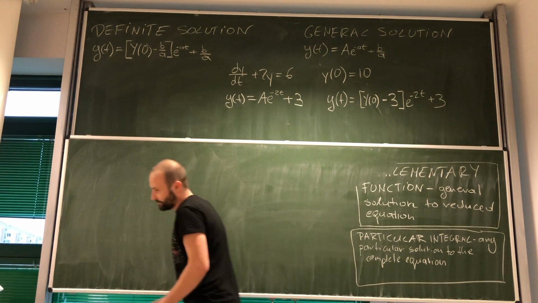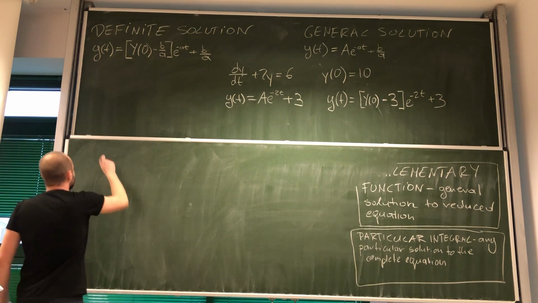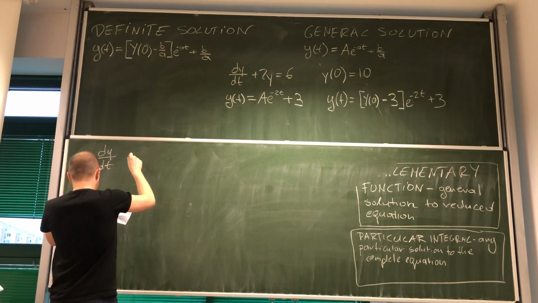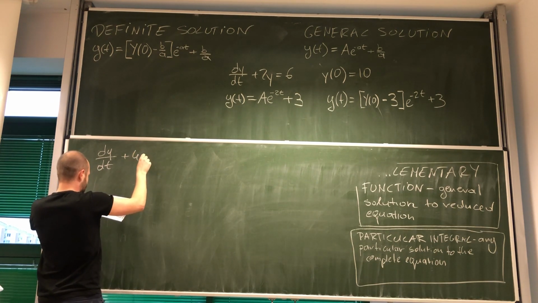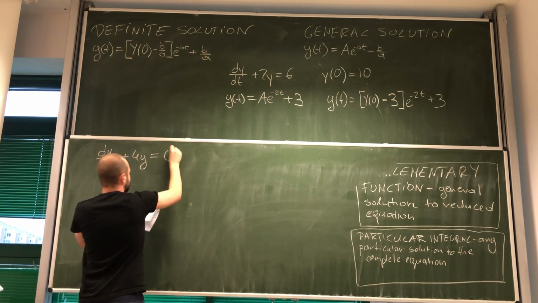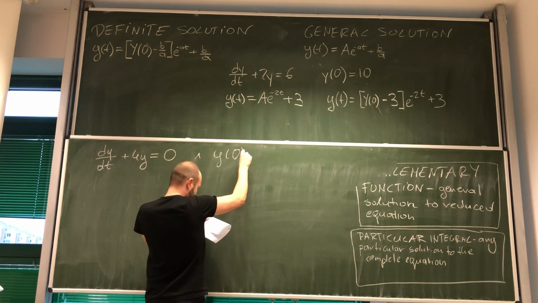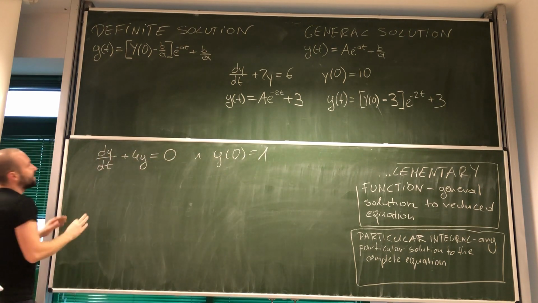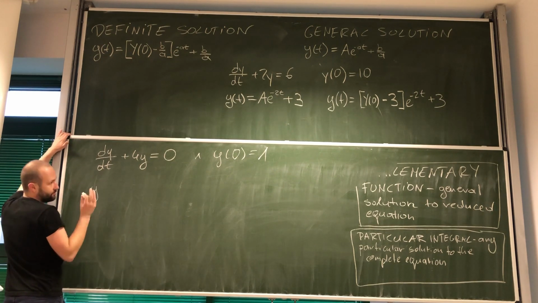The next example is actually with a homogeneous equation. So we've got dy dt plus 4y is equal to 0, and our initial condition y0 is 1. This case is even simpler than the previous one. Let's start again with the general solution.